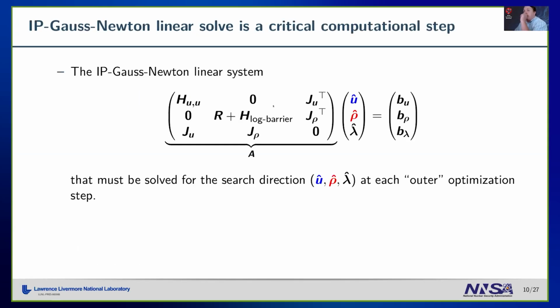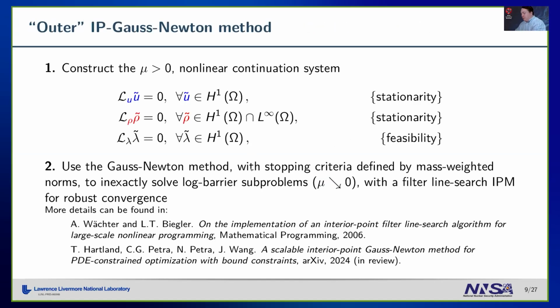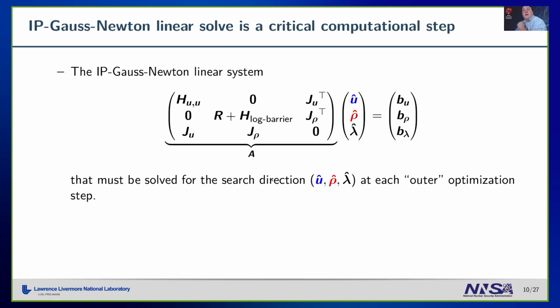This is the interior point Gauss-Newton linear system after having done an approximate linearization and discretized the problem. This is an important step that really eats up a lot of the computational time in solving these problems.